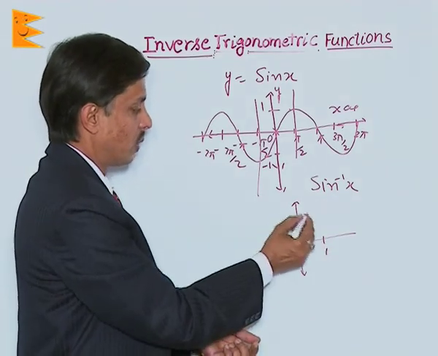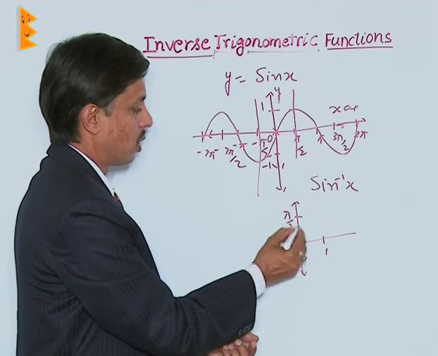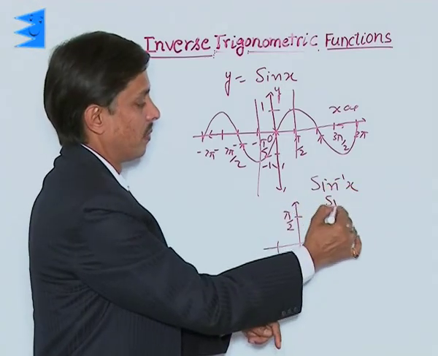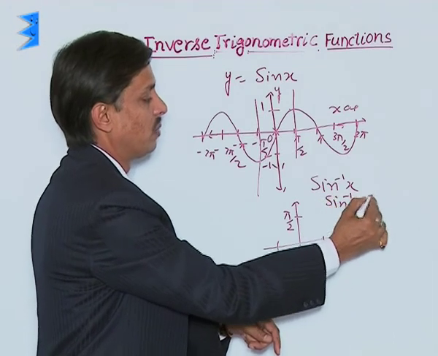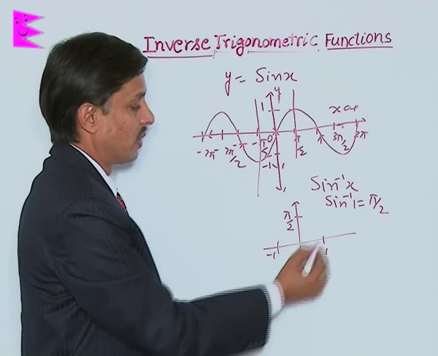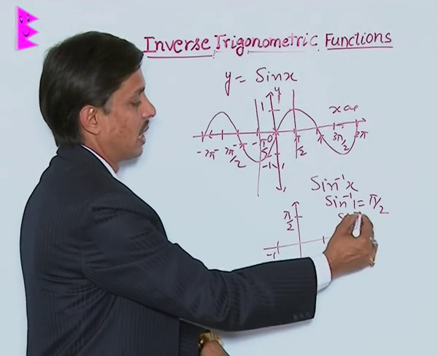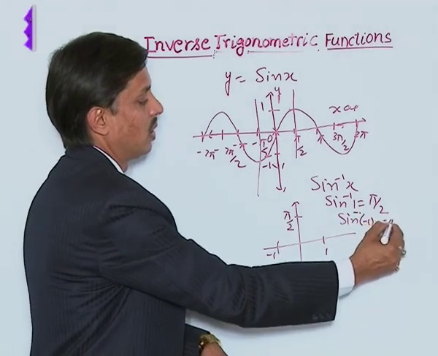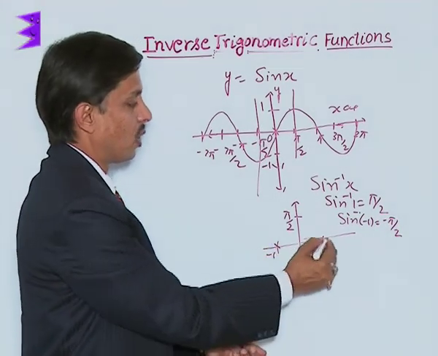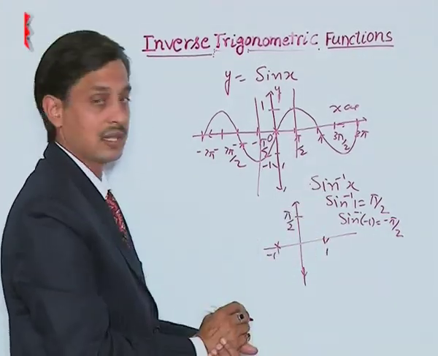If x is 1, then sin inverse 1, you know it, sin inverse 1 means pi by 2. And if I take minus 1, then we know that sin inverse of minus 1 is minus pi by 2.